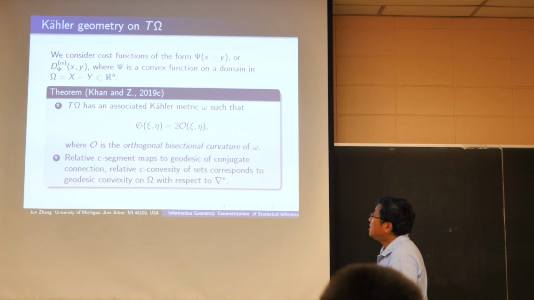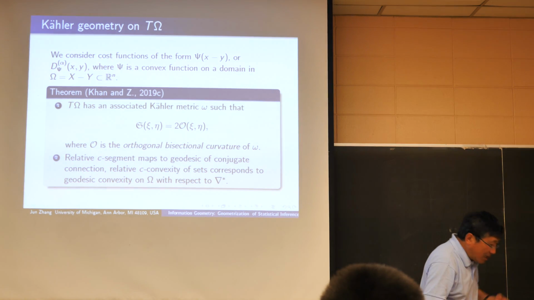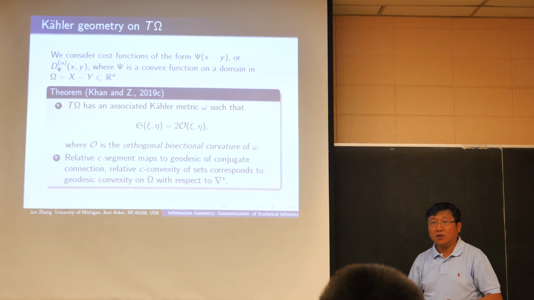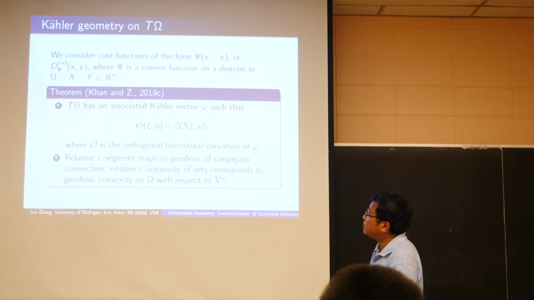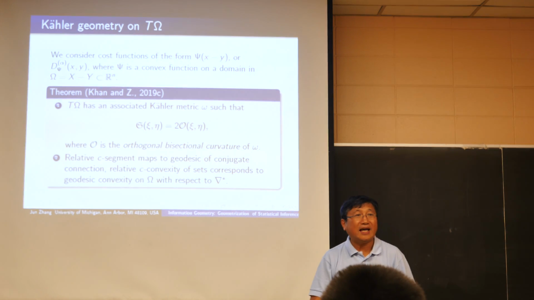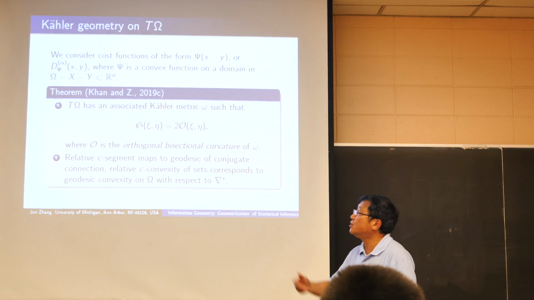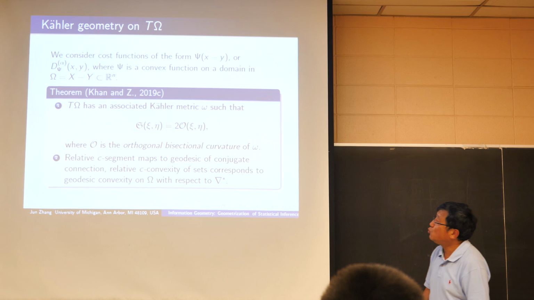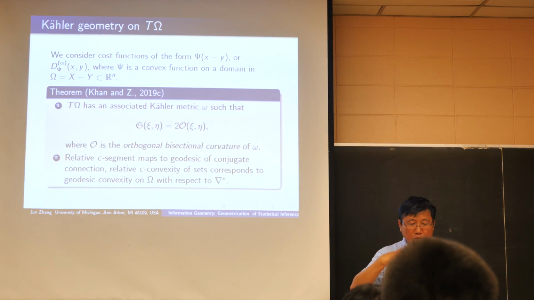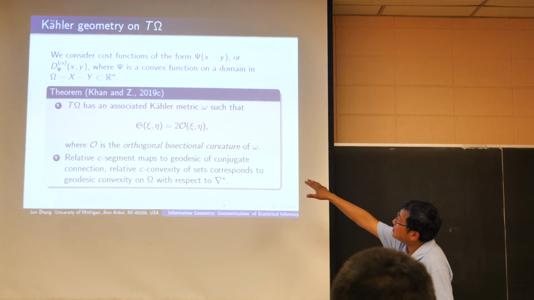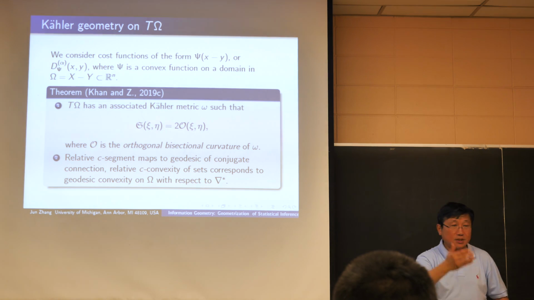The orthogonal bisectional curvature is related, in complex geometry, to the holomorphic sectional curvature. There are some arguments from the complex geometry perspective as to what this regularity condition would mean. So our paper tries to explain that the optimal transport geometry, the Wasserstein geometry, is somehow related to the Kähler geometry of the tangent map.